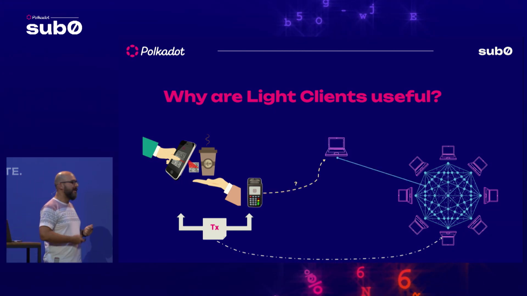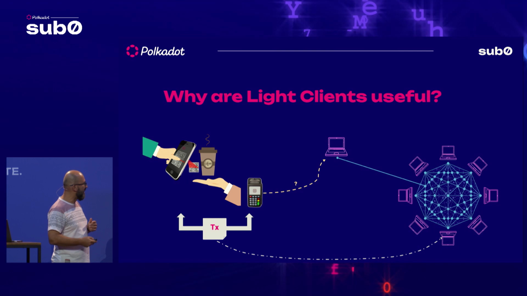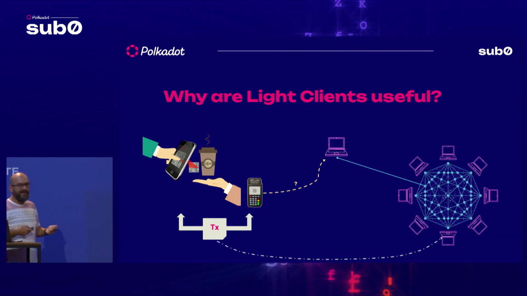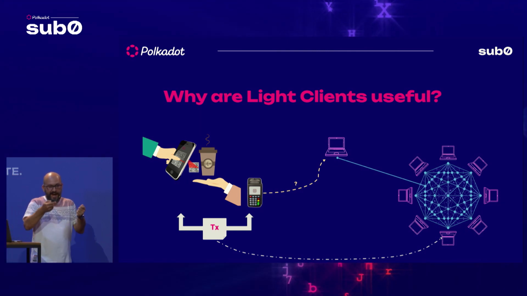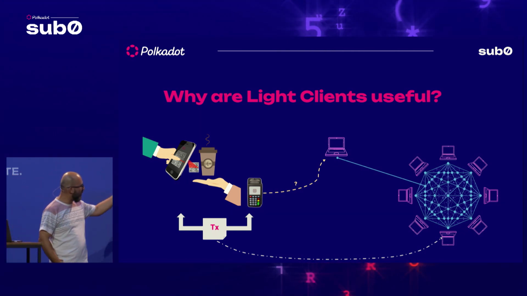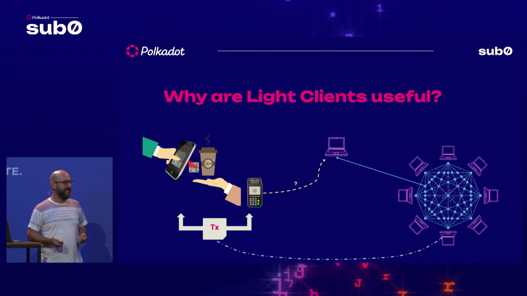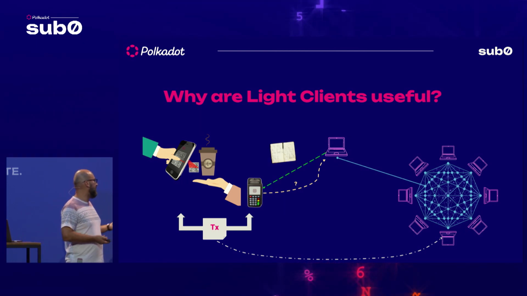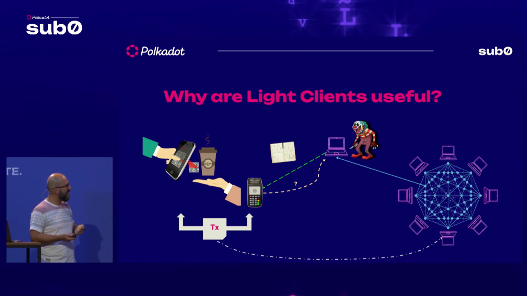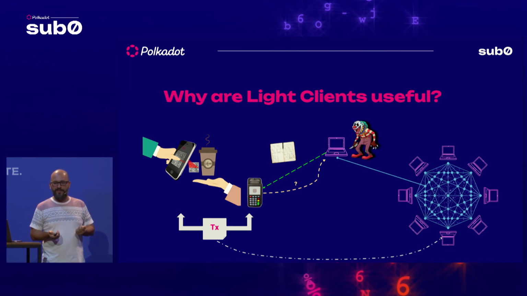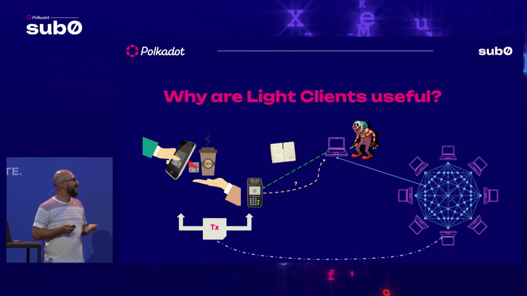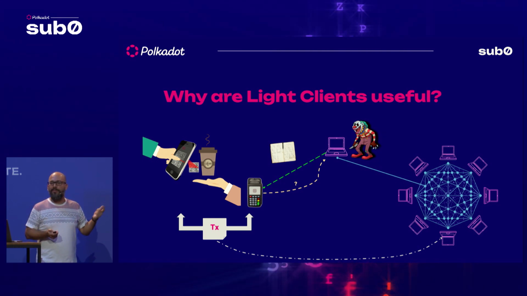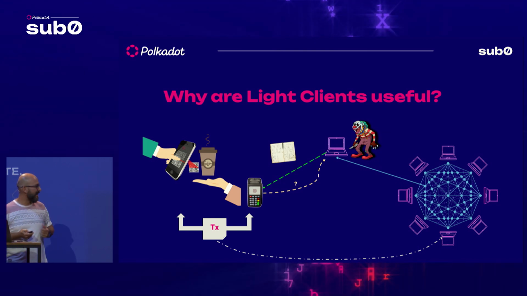Later, if this client wants to check whether the transaction was added to the final state, it needs to interact with a full node and ask it for the state. The issue here is that it gets the answer, but we know that a full node can be malicious. So how can the light client believe the information that the full node sent to it?